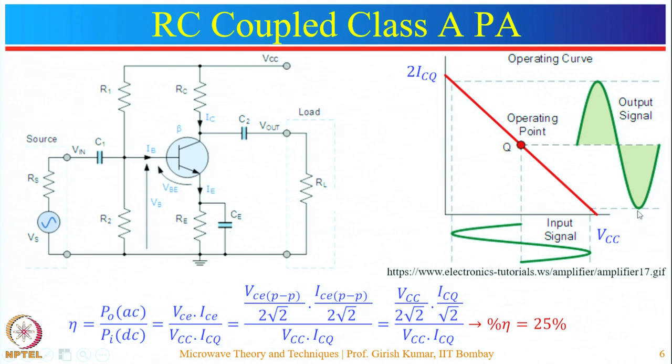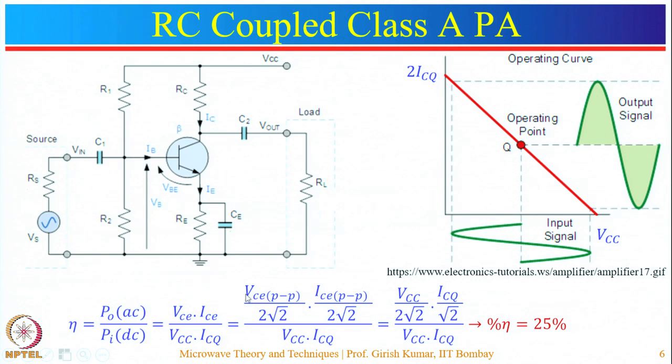Now, to calculate the output power delivered to the load, it will be the product of the root mean square values of VCE and IC. The RMS value of VCE will be half of the peak to peak voltage of VCE divided by root 2, and similarly for current.